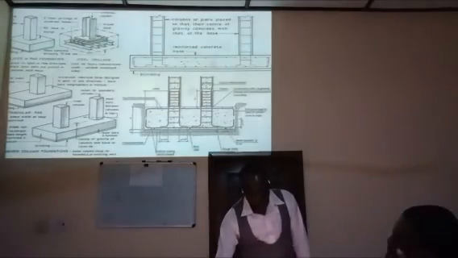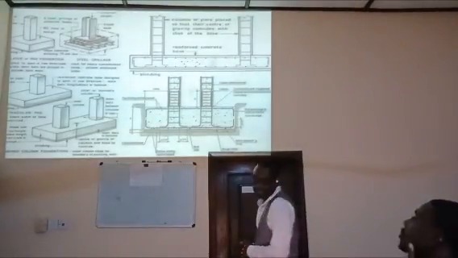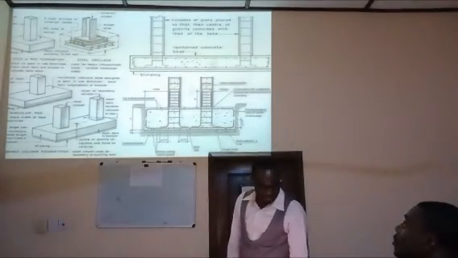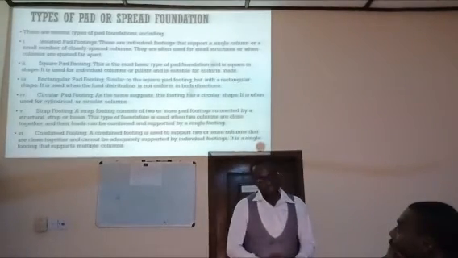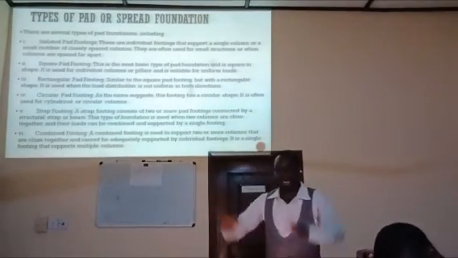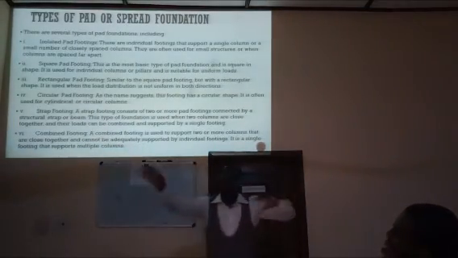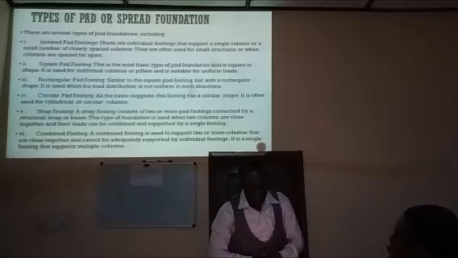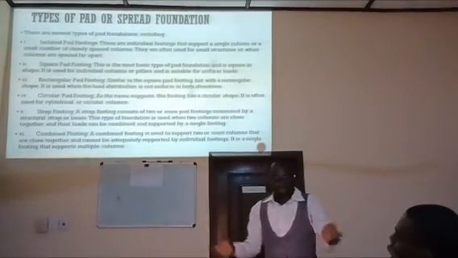We can also decide to use circular pad foundation, all of them depending on the function. Of course, the architects will be able to tell us the one that's used, most times for aesthetic purposes in the front of the house, where you see a circular column. If it is going to support a circular column, we should be able to do a circular pad foundation.